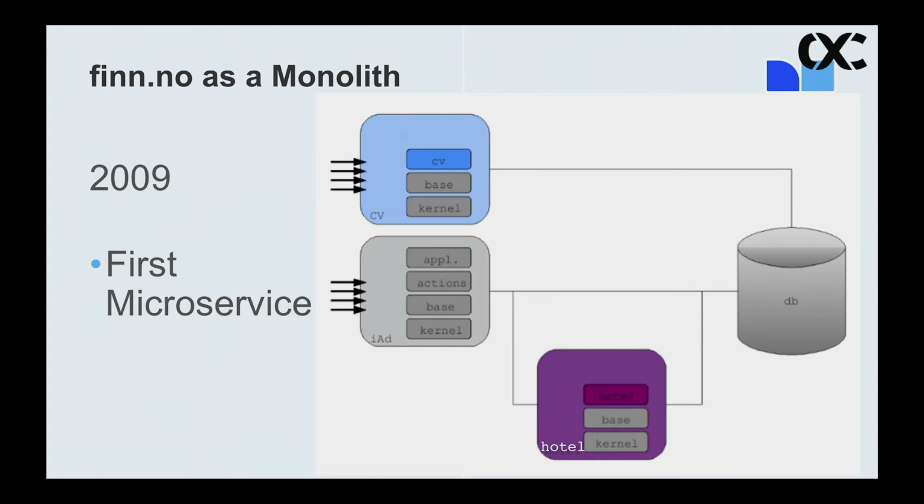And also they shared the same database. So it was not a microservice at all. Our first one closer to a microservice was a single sign-on service that came in 2009. That one was divided from the code base. However, it was also sharing the same database.